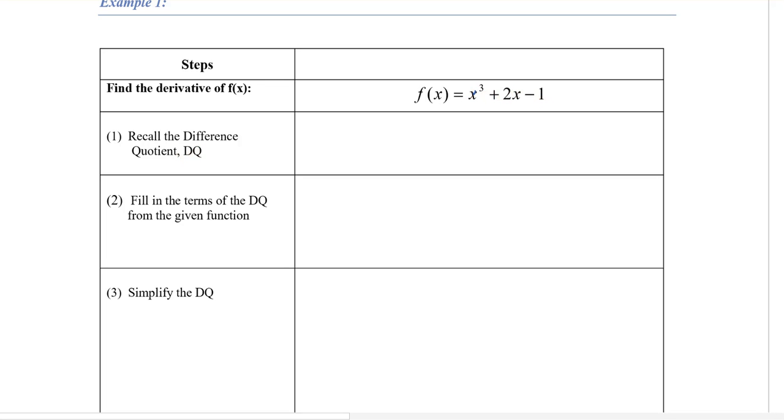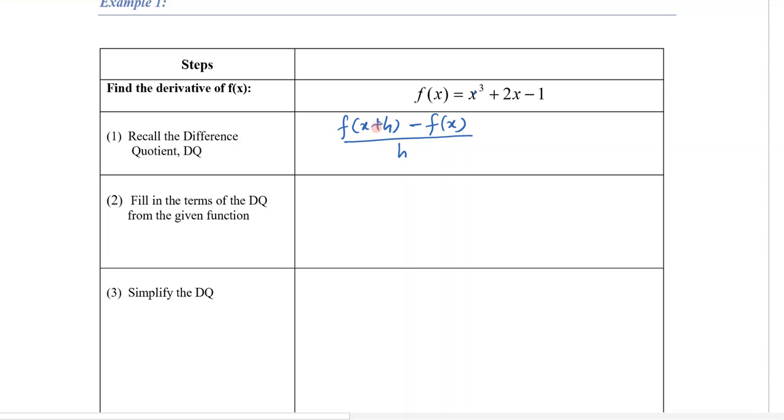So recall that the difference quotient is f of x plus h minus f of x over h. And then we fill in the terms of DQ from the given function. So in this case, let's try to find what is f of x plus h.